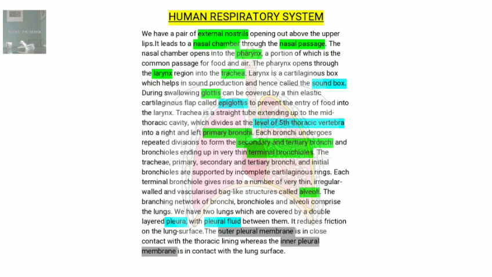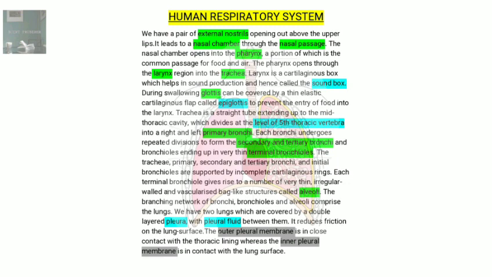The internal nose is the portion of the nose that consists of nostrils and nasal chamber. It leads to the nasal chamber through the nasal passage. The regions of nasal chamber are: A. Nasal septum that divides the nasal cavity into right and left sides. B. Nasal vestibule, which is the anterior portion of the nasal chamber.